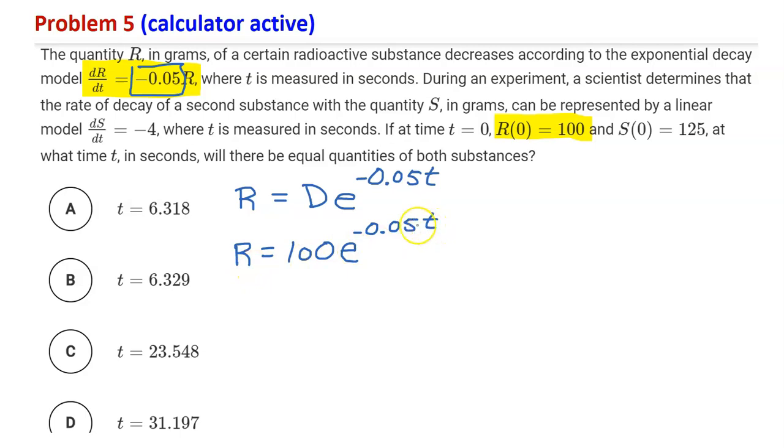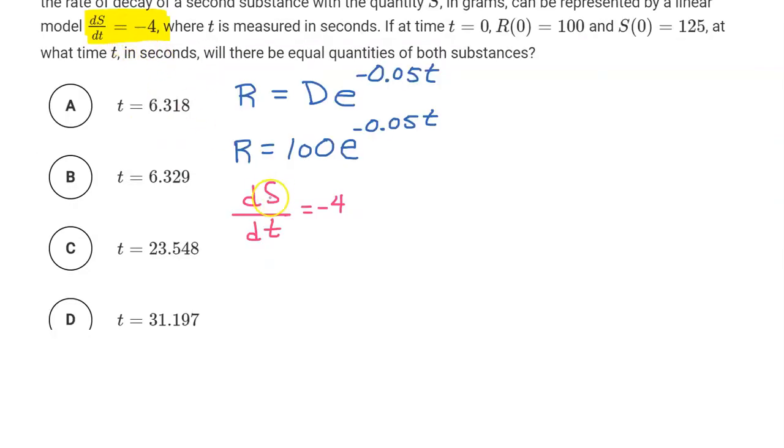Let's see if we can come up with an equation for the amount of substance S at time t. We are given that dS/dt is equal to negative 4. Let's multiply both sides of this equation by dt. So we get dS is equal to negative 4 dt. Integrating both sides of the equation. On the left side, we just have S. And on the right side, we have negative 4t plus c.